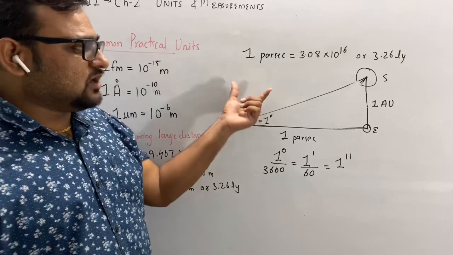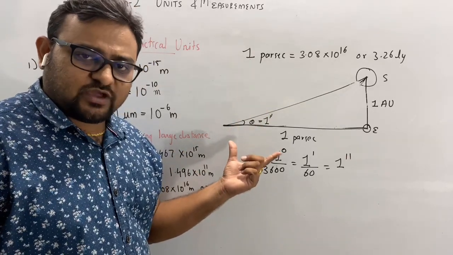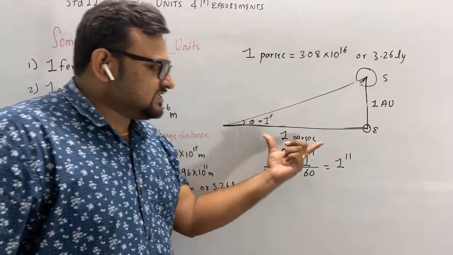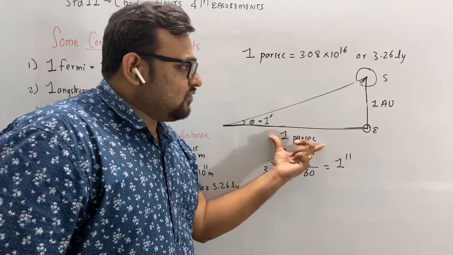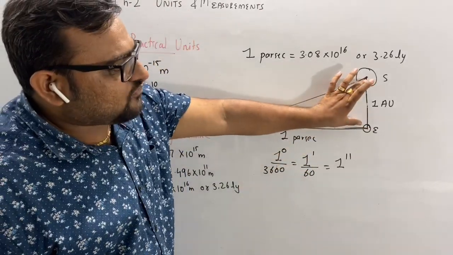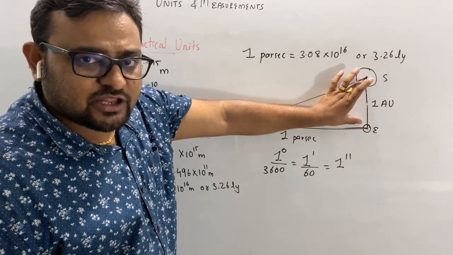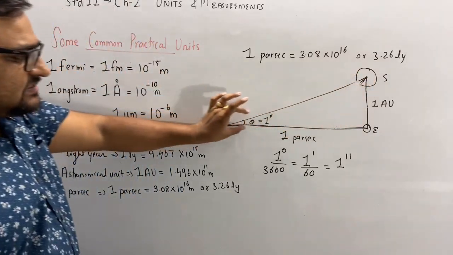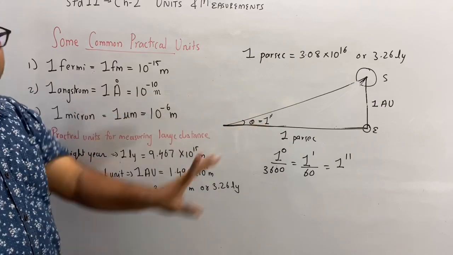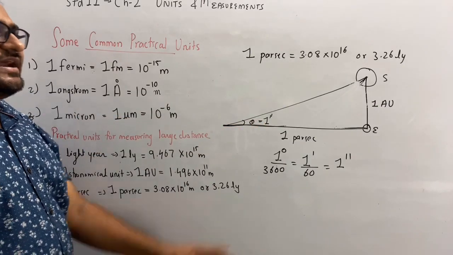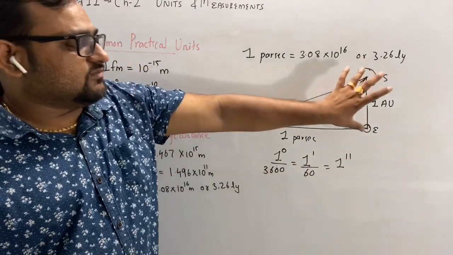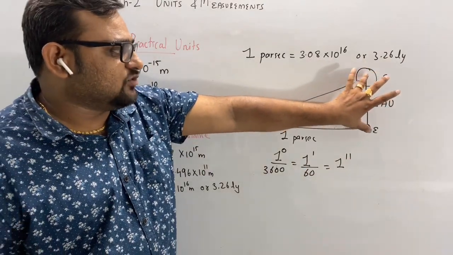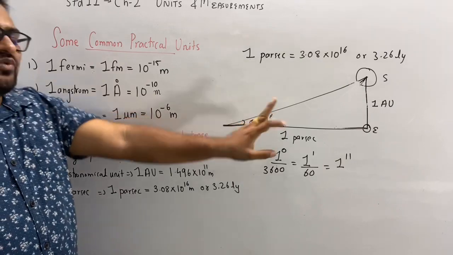So what is one parsec? It is the distance at which a distance of one astronomical unit subtends an angle of 1 second.